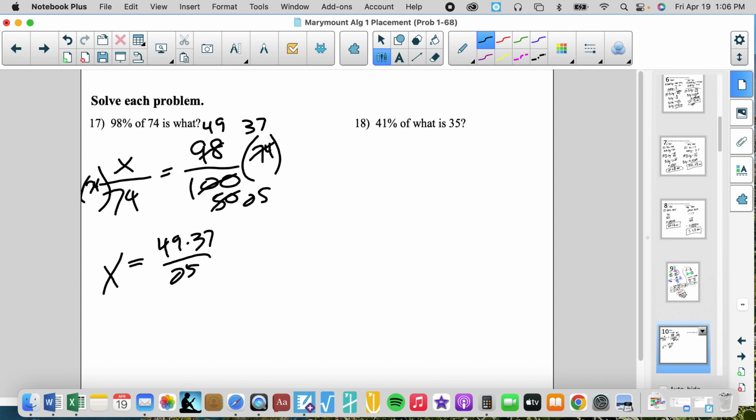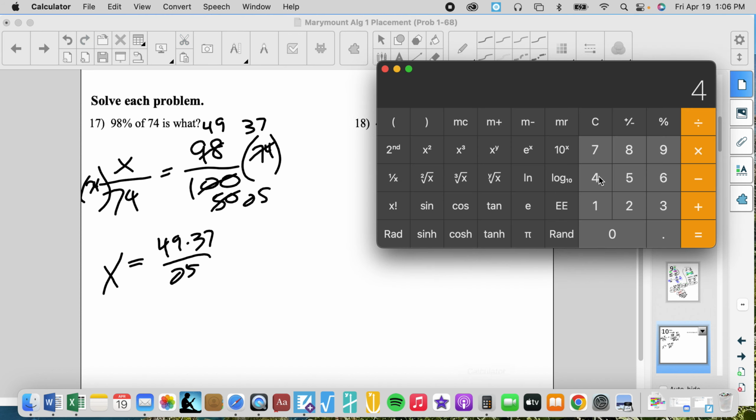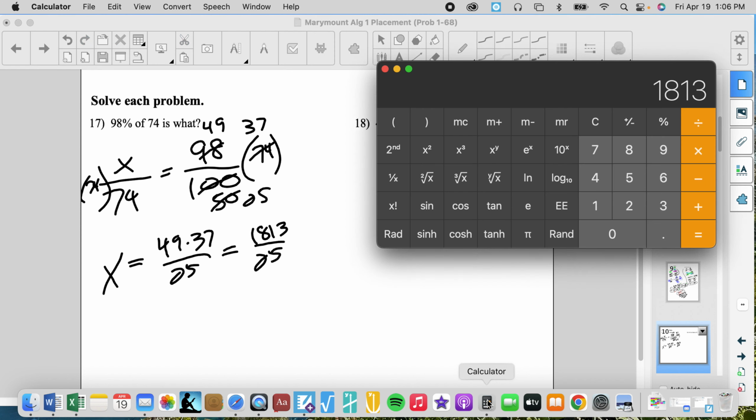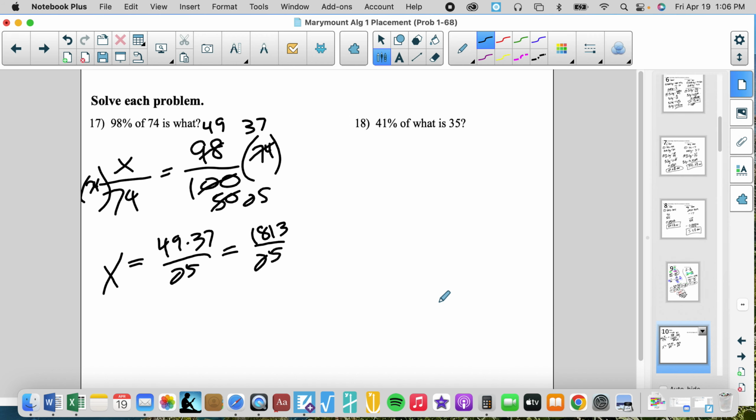Those are more manageable. 49 times 37 equals 1813 over 25, which would be an acceptable answer. Divided by 25 gives you 72 and 13 over 25.